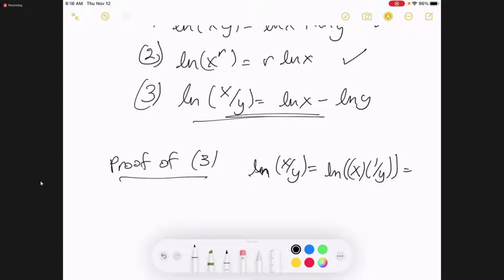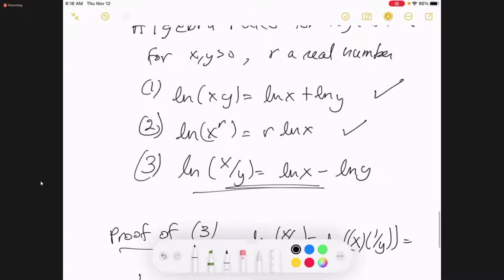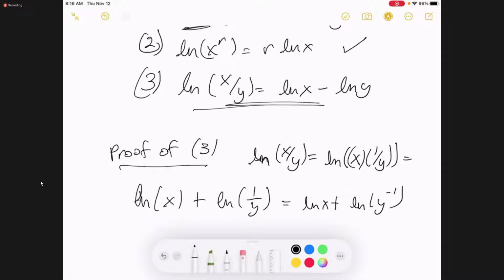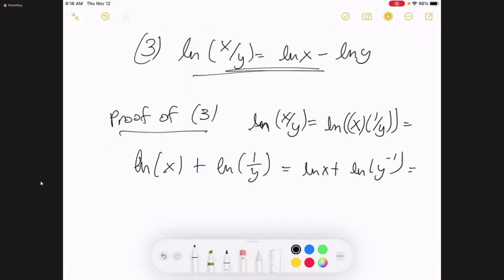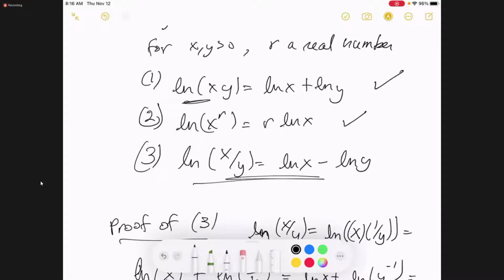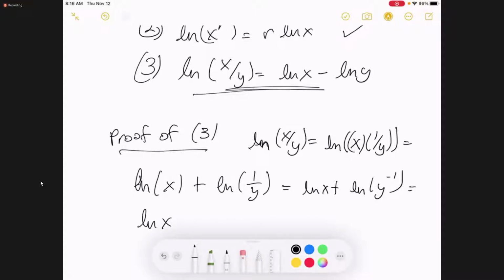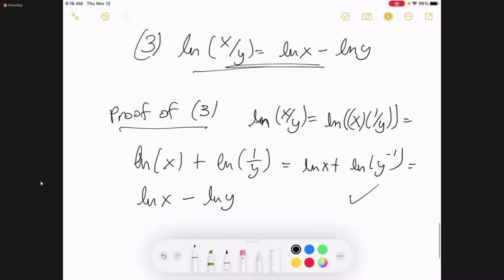Because of rule number 1, that's equal to ln of x plus ln of 1 over y. Well, 1 over y is the same thing as y to the minus 1. And because of rule 2, I can bring the minus 1 down. So that's ln of x minus ln of y. And that proves that one.